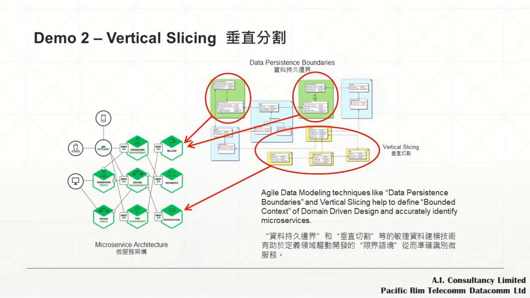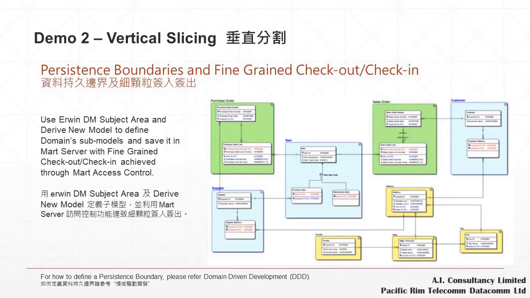But you can further customize it to create new subject areas or domains to suit your agile project or microservice requirements. When the submodel is created as a subject area in DM, you can use derive submodel to create a new submodel Erwin file and save it to Mart server to achieve fine-grained check-in and check-out through Mart server access control features.